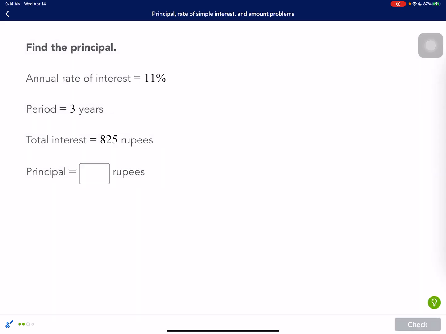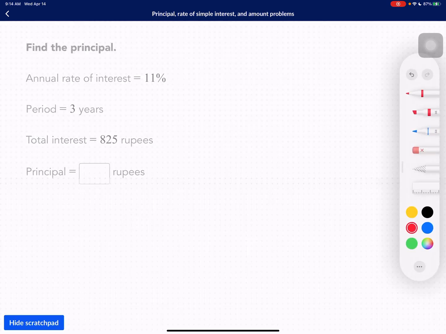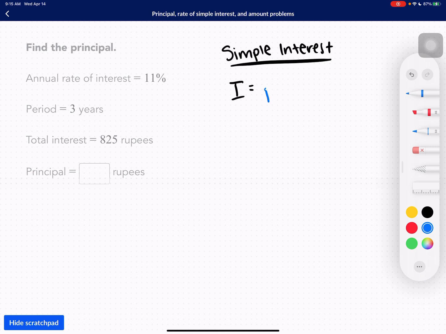This time we want to find the principal. Okay, so again, with simple interest, we know that I equals the principal times the rate times time.